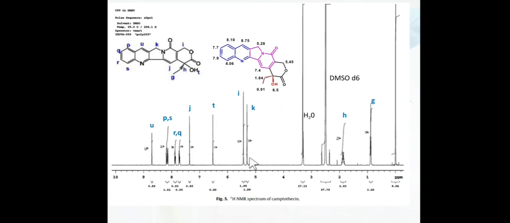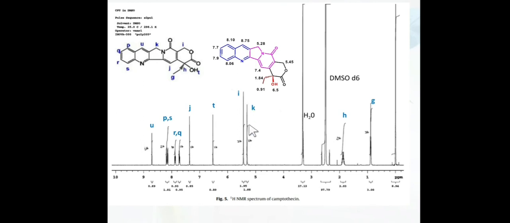Whereas the other, which is attached to the oxygen, or I will say the ester group, is a bit downfield from this amide-linked CH2. It is appearing at 5.45. This is a confirmation of the presence of two CH2 singlets in the molecule.